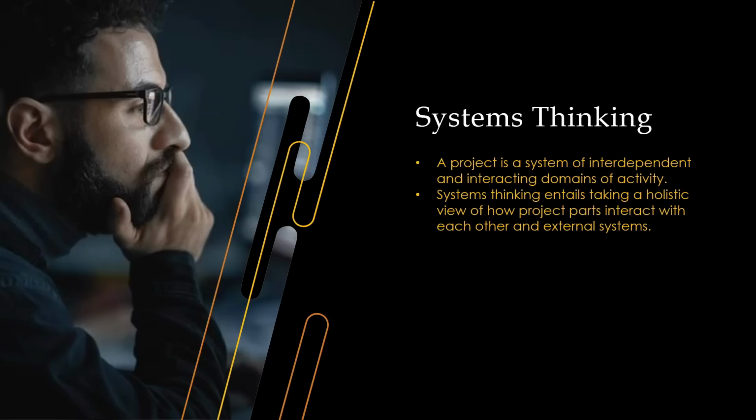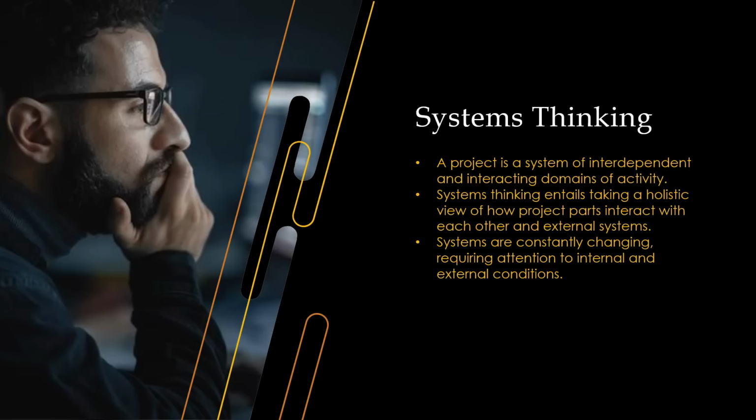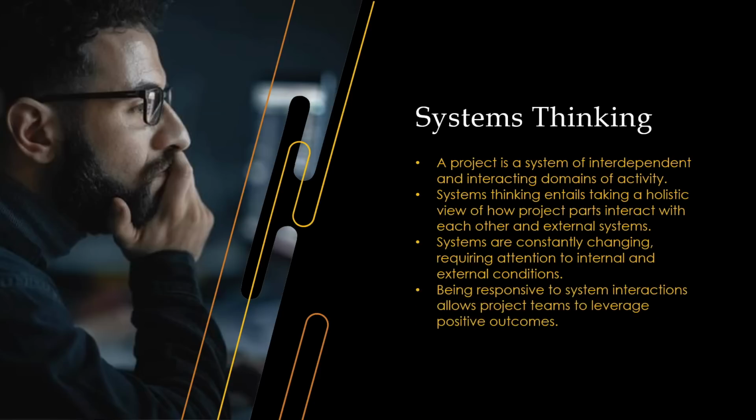And not only within themselves, but also with the external systems, such as, let's say, the strategy of the organization or the market condition. Now, one key challenge is that systems are constantly evolving. So, internal changes, there could be external forces, and even small disruptions can create a ripple effect across the entire project, across the entire system of project, if I may say so. However, with systems thinking, project teams can remain responsive to these interactions.